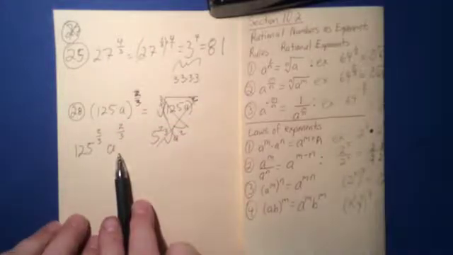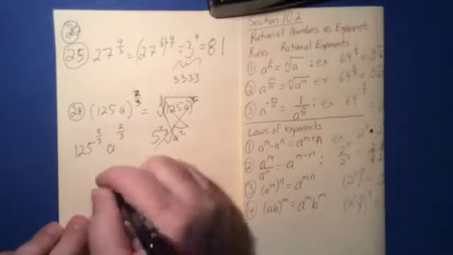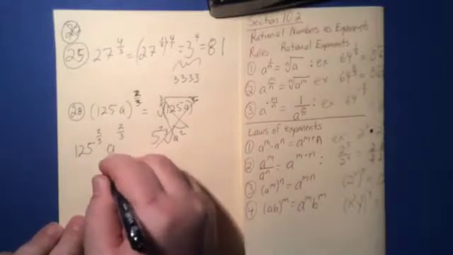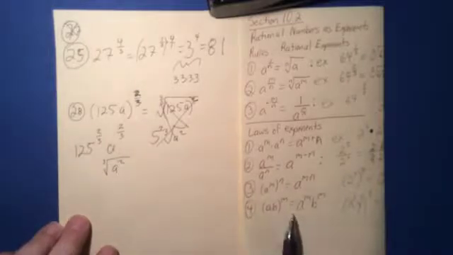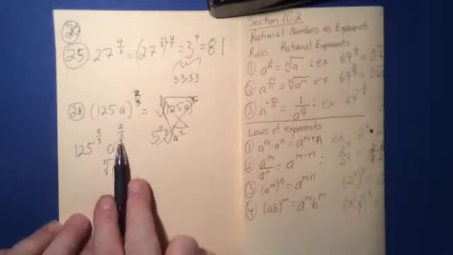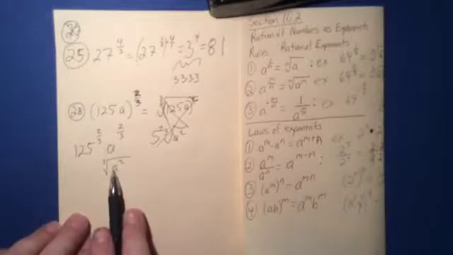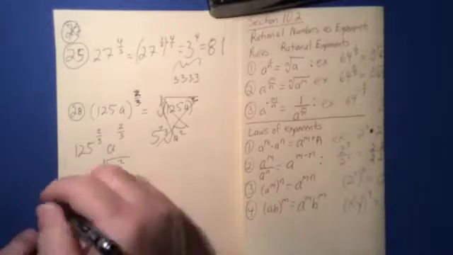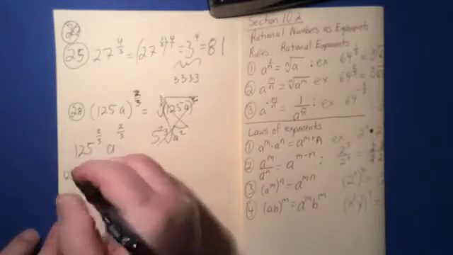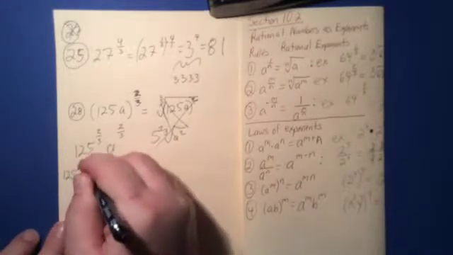Now, a to the 2/3 I really can't do a whole lot with other than put it under a radical. So it's going to be the cube root of a squared. What I did is I just took the value of a, which I really can't simplify more than this, and wrote it as such. But 125 to the 2/3 I can write as 125 to the 1/3 times 2/1.